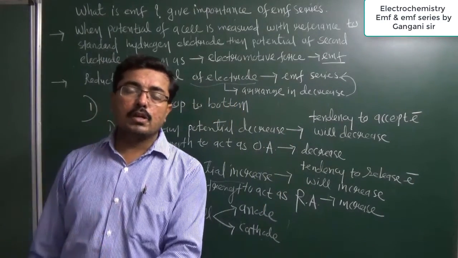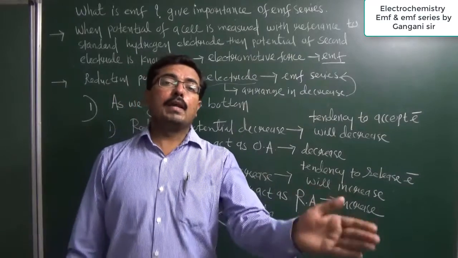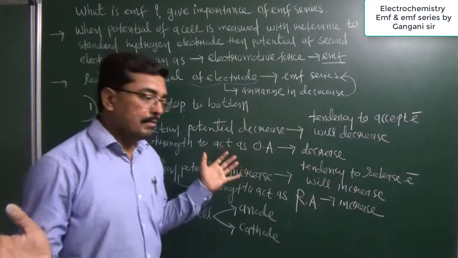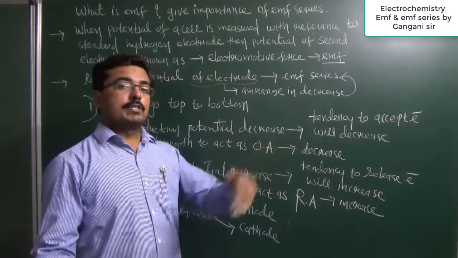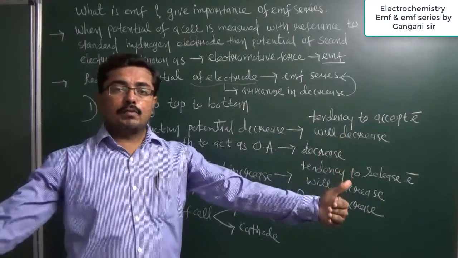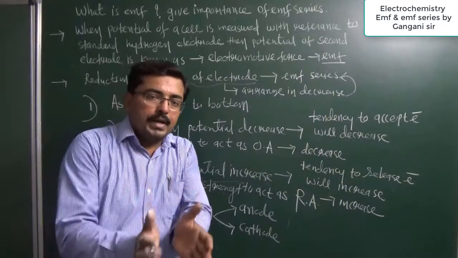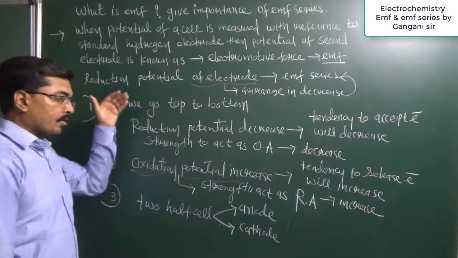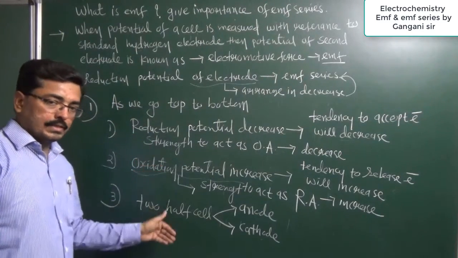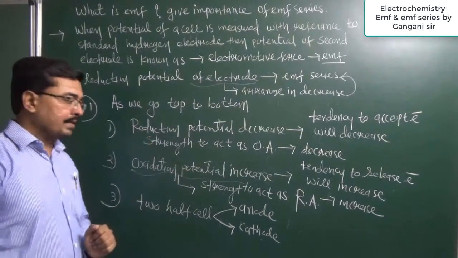The electrode whose reduction potential is more will act as a cathode, and the electrode whose reduction potential is less will act as an anode. So by combining two half cells, we can predict this by using the electrochemical series or EMF series.